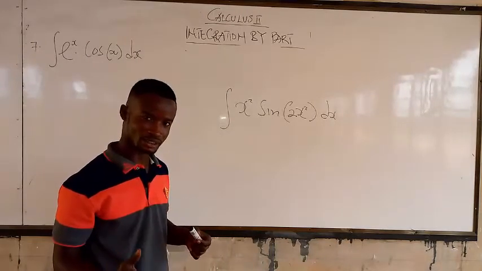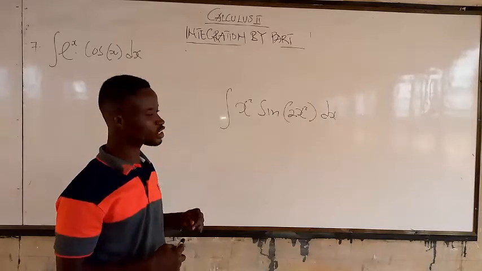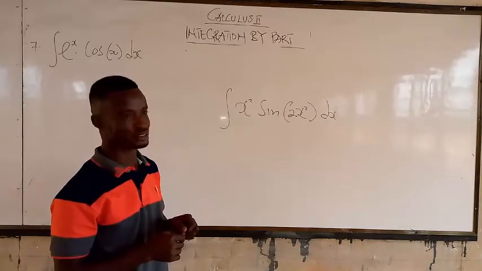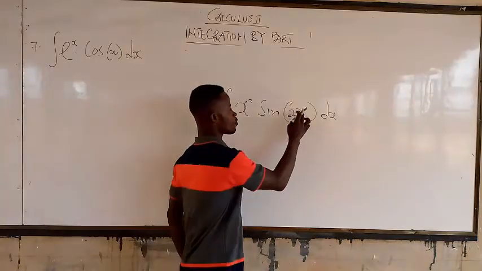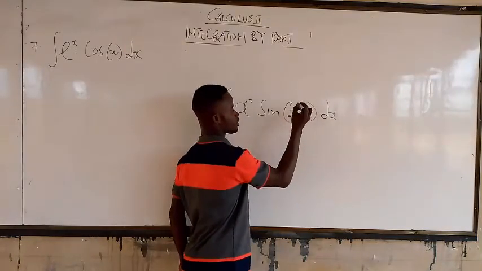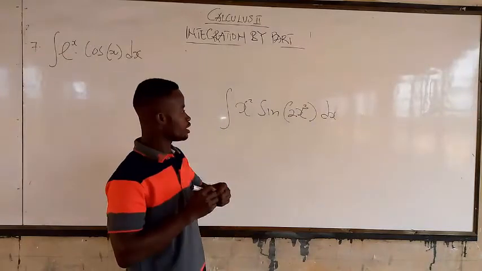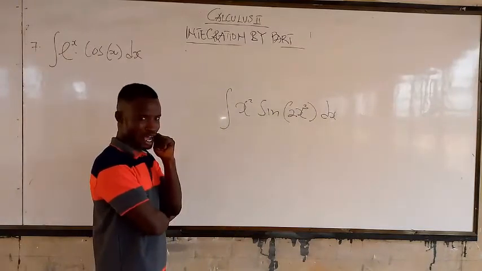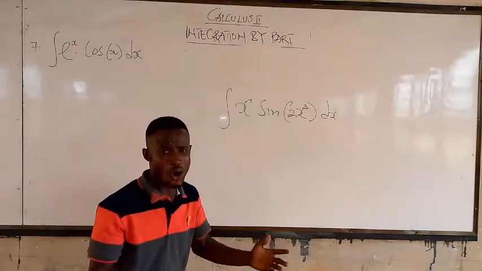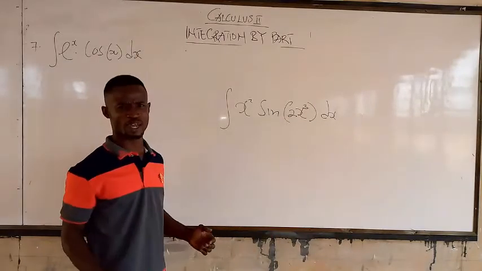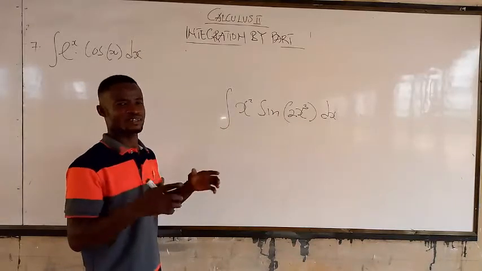Integration by parts? Is it because you are in integration by parts, that is why you are saying that? Okay, what if I change this to power 3? Is this still integration by parts? Watch here. Is this still integration by parts? No! It's not integration by parts. Never!